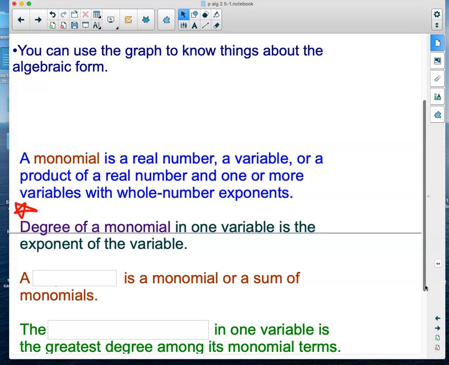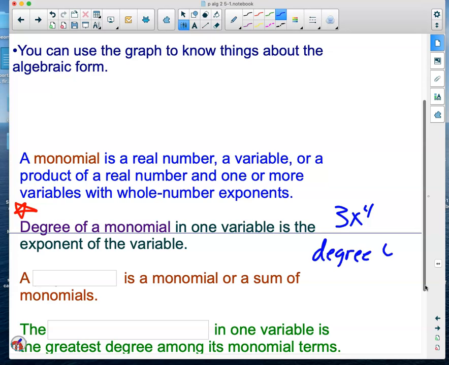So if I write down 3x to the 4th, and they ask me to find the degree, all I do is look for the exponent. Hey, it's a 4. This is a degree 4 polynomial. In fact, it's a degree 4 monomial because it's only one term.